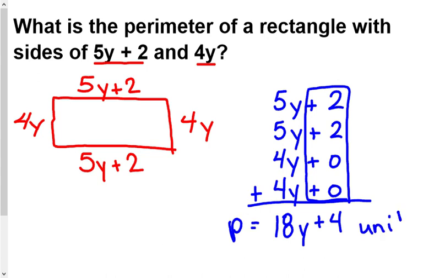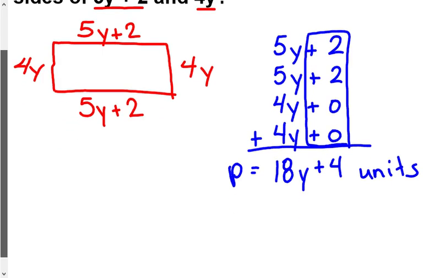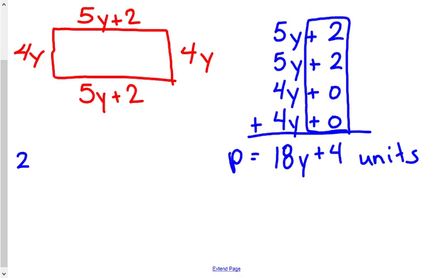Now, it would have been okay for you to do, some will say, well, could I just have multiplied 2 times 5y plus 2 plus 2 times 4y? And yes, certainly you could do that.